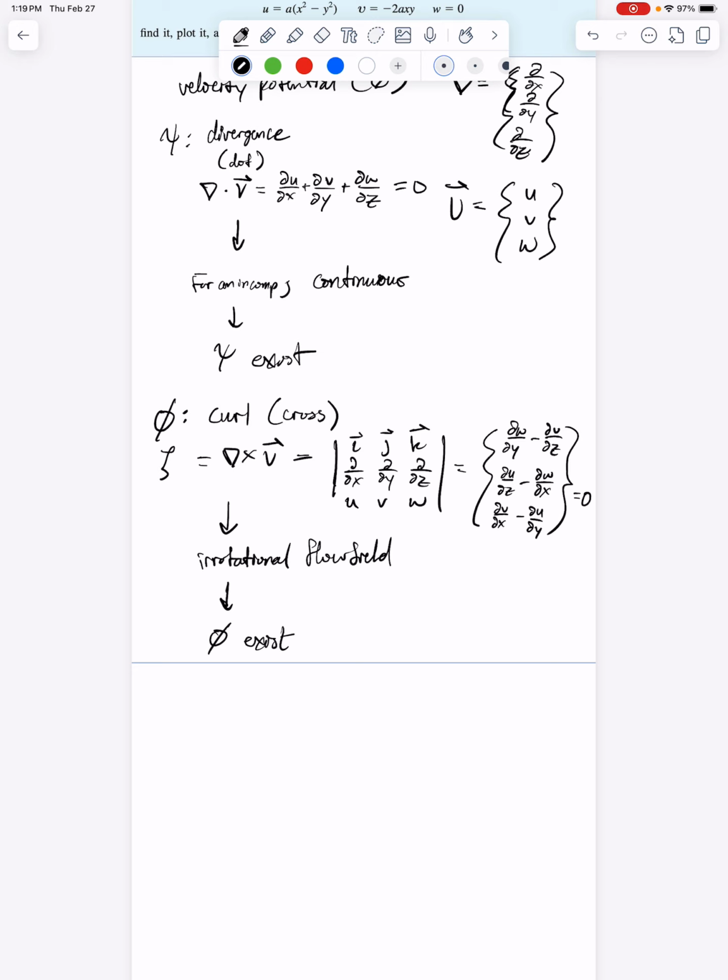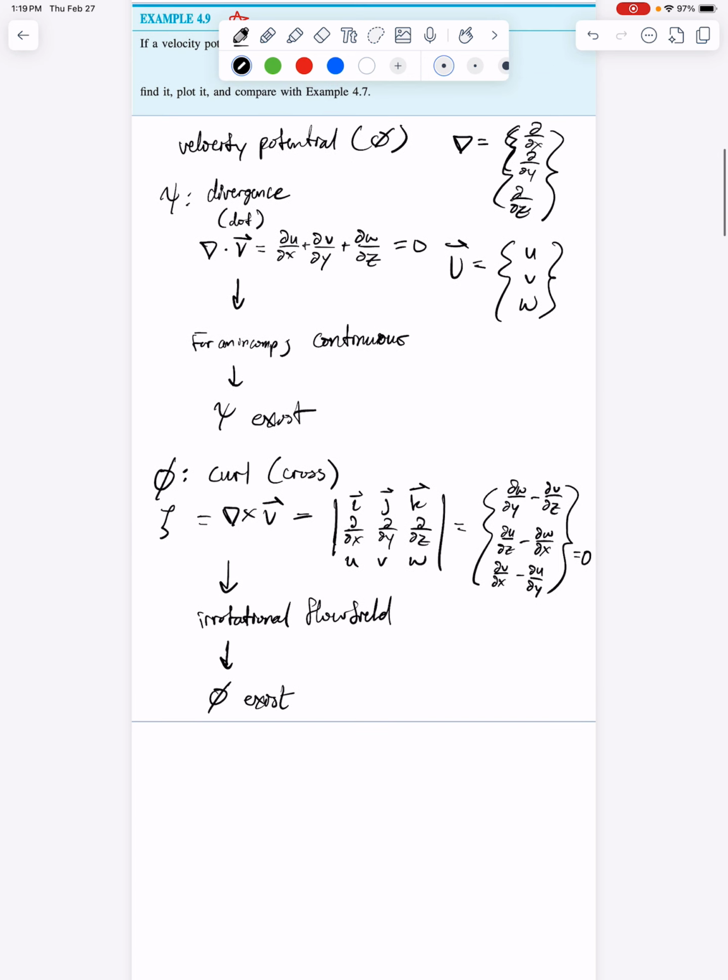Yes? If it's not incompressible, can you not do the divergence of it to see if it's 0, or does it not apply? Yes, I believe it's important because the actual formula for continuity is d rho/dt plus essentially the dot product of this.